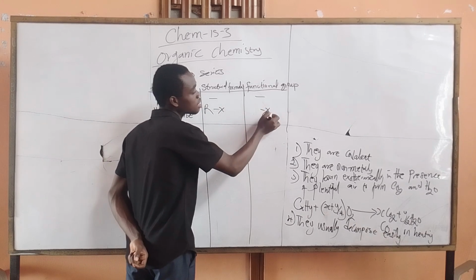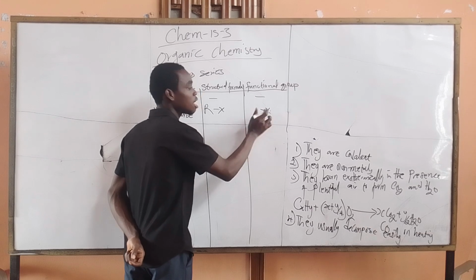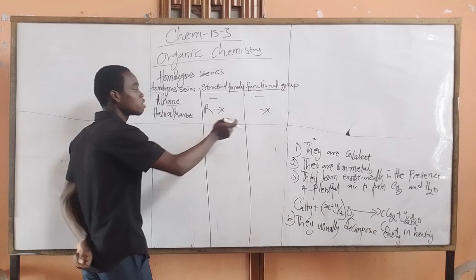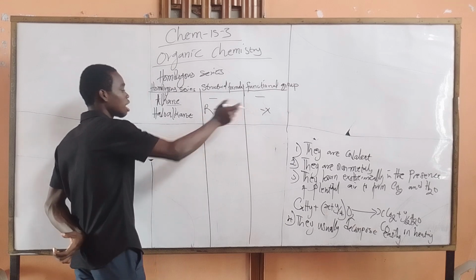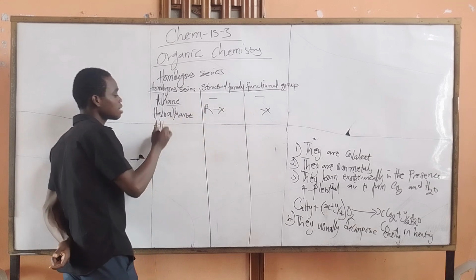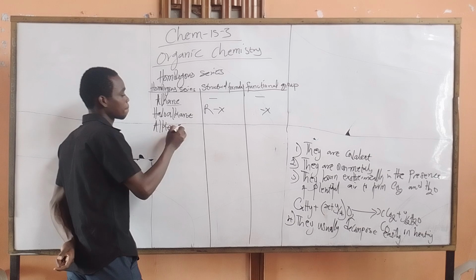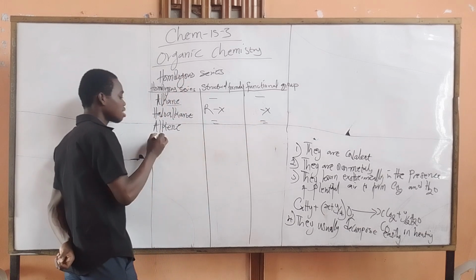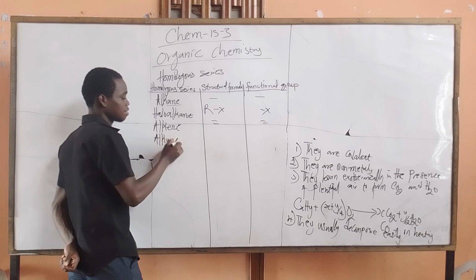This is their functional group. This is any halogen. It can be bromine, iodine, fluorine. So this is any halogen. We have the alkene. The alkenes have a double bond. We have the alkyne.